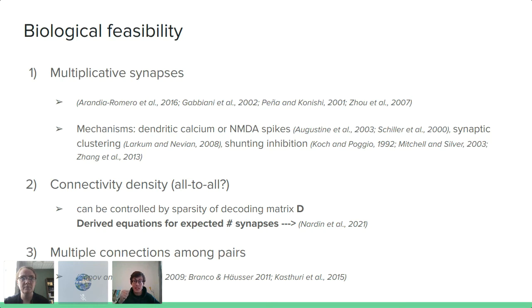So from a biological perspective, you might run into trouble, because the multiplications that have been shown in experiments are very approximate multiplications. So something that is also an ongoing project is to see if we can implement these networks using some more realistic multiplicative synapses.